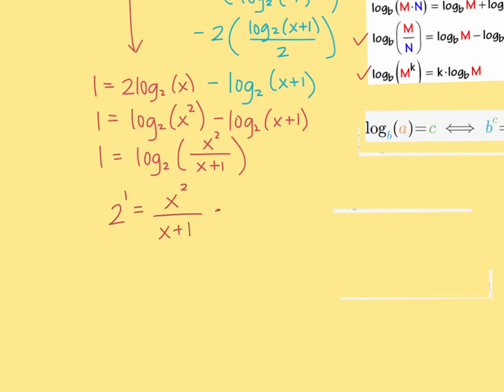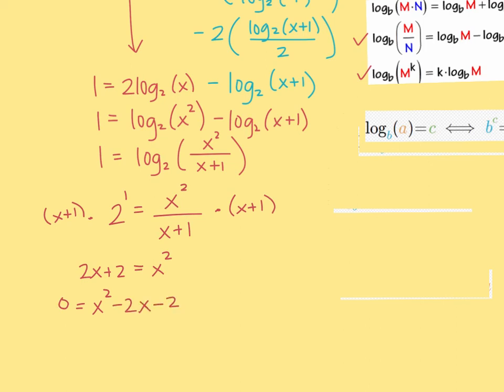To solve, we can multiply both sides by x plus 1. This is really just a 2, so we'll distribute the 2 through that x plus 1, and we'll have 2x plus 2 equals x squared. Again, we have a quadratic, so we want to set this quadratic equal to 0. So I'm going to keep that x squared positive over there and subtract the 2x and the 2.